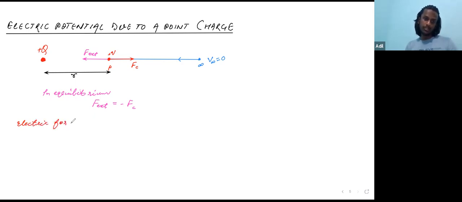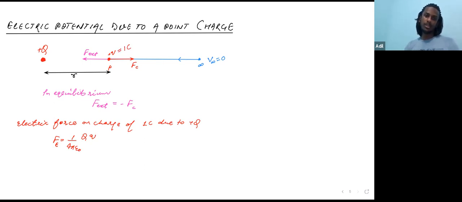The electric force on a charge of 1 coulomb due to plus Q charge, which is your F of electric, is 1 over 4 pi epsilon naught Q into Q, and this value of Q is taken as 1 coulomb here. So we directly considered 1 only. It is your Q over x square. This is your equation number 1. Do you understand?